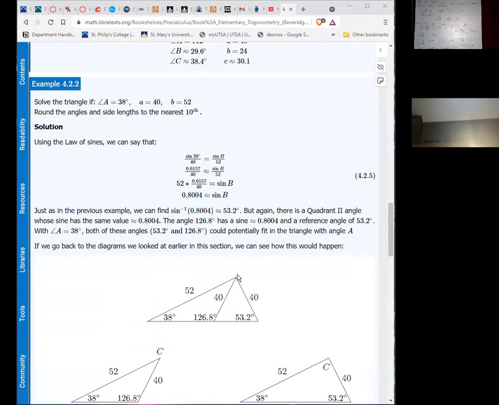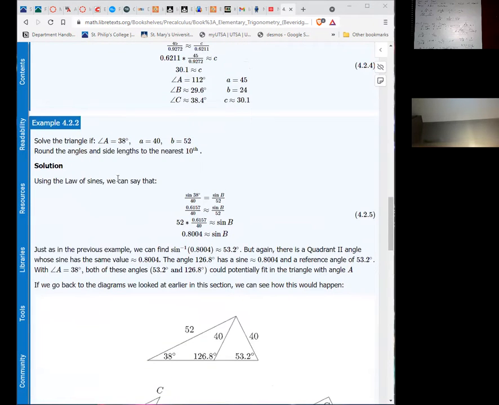So in just a moment, we'll solve something like this. This is actually a good example. Notice how here they say solve the triangle, right? They give us a capital A, but no other angles. So this is a possible problem that may have two triangles or no triangles, or just one. It depends. They give us two sides. As long as one of the sides is opposite to the angle they gave us, then we are allowed to use law of sines.